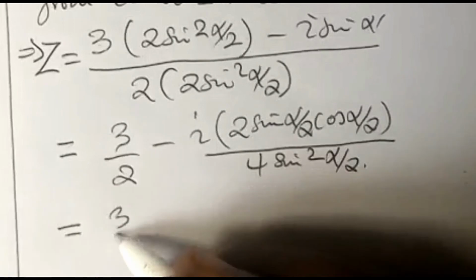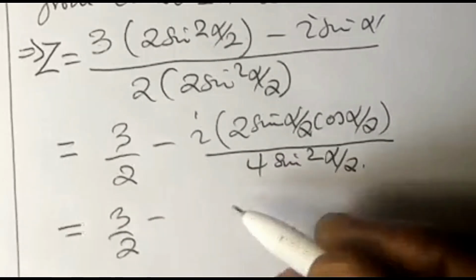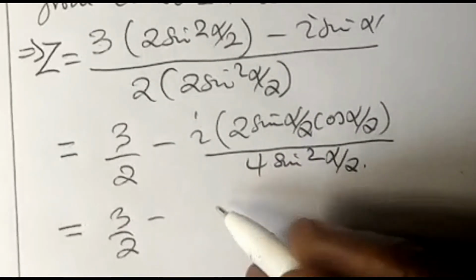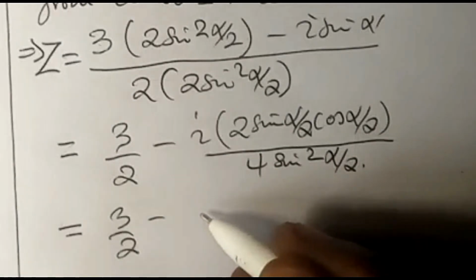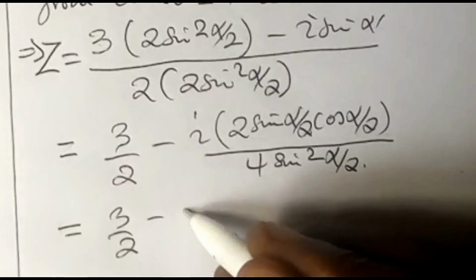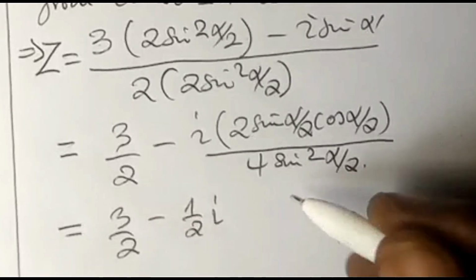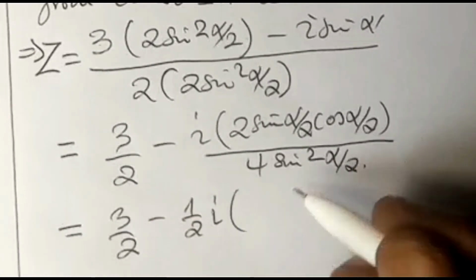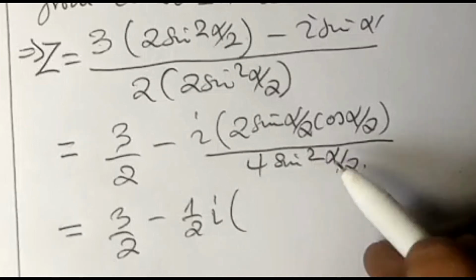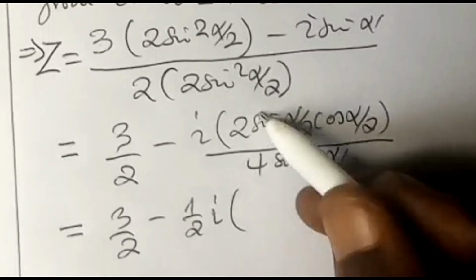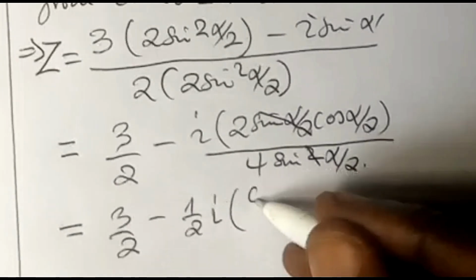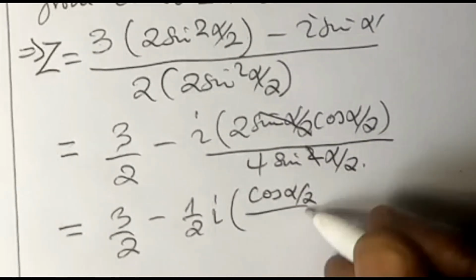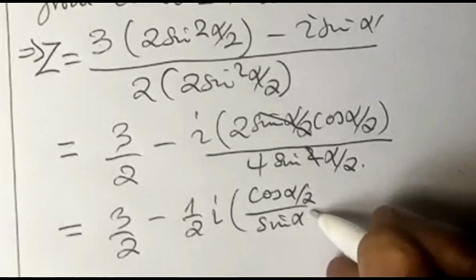Finally I get 3 over 2 minus half i into sine alpha on 2 cancels, and I just have cos alpha on 2 all over sine alpha on 2.